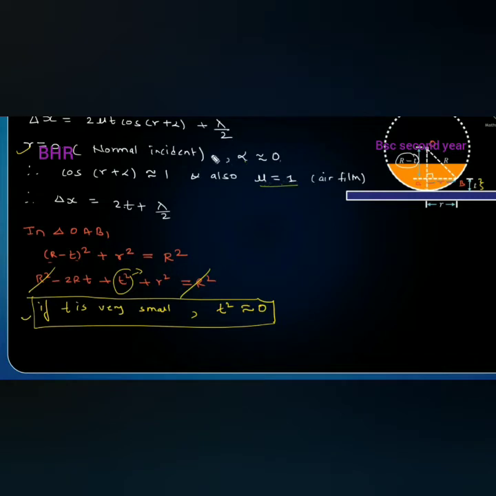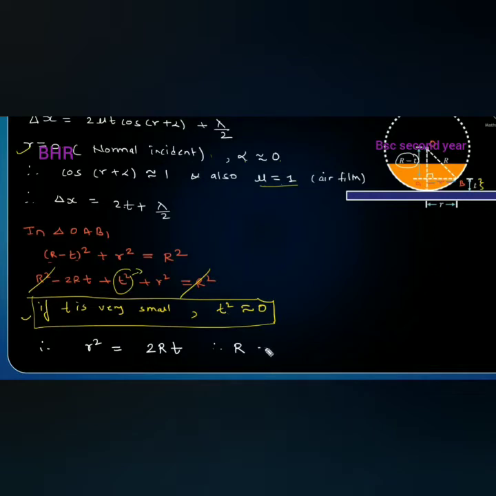So here we have to remember these conditions, that is, t is very small so t square becomes 0, r equal to 0 and mu equal to 1. Now the above equation can be written as r square is equal to 2Rt.